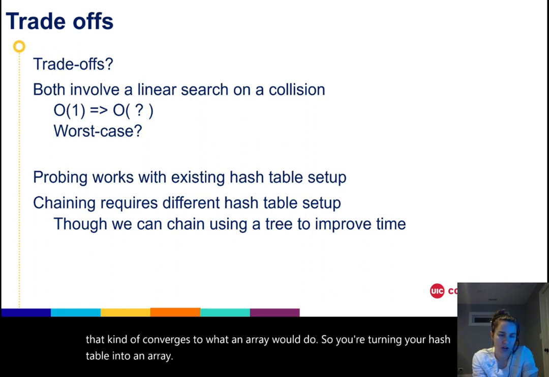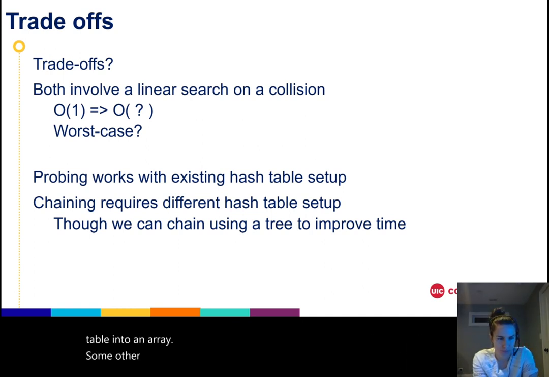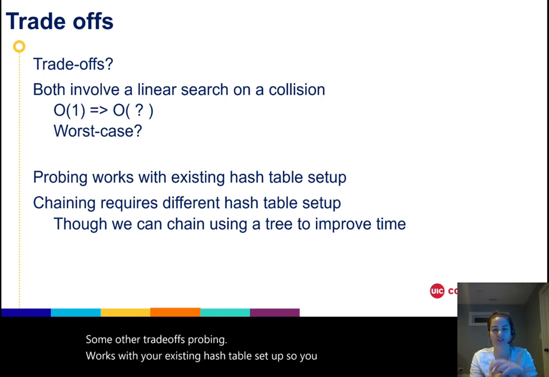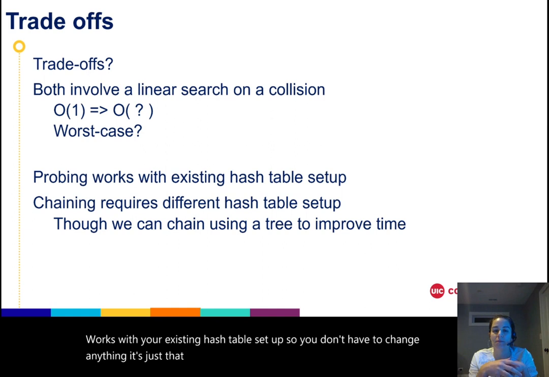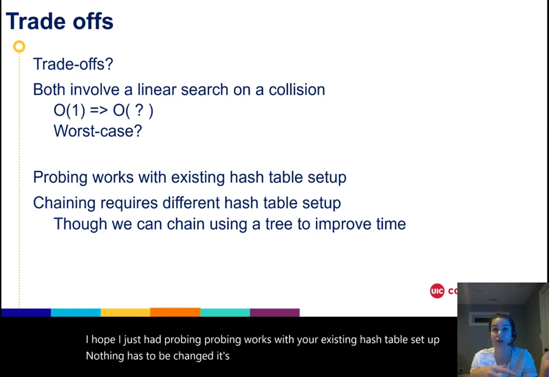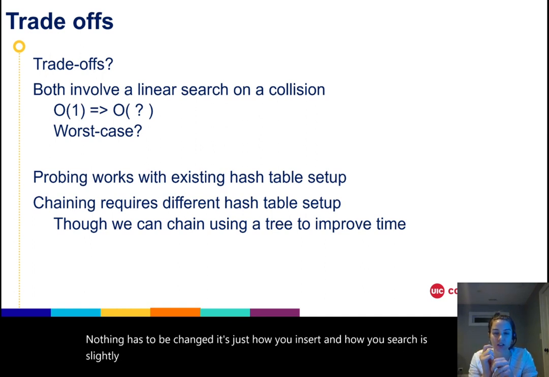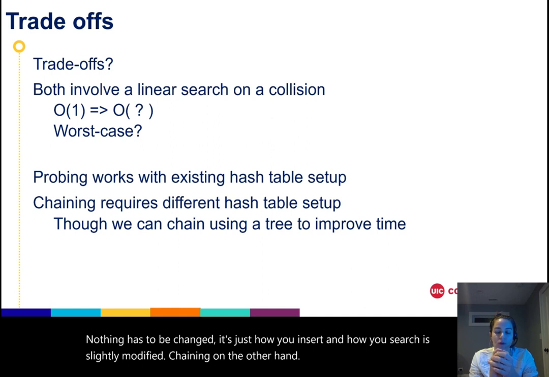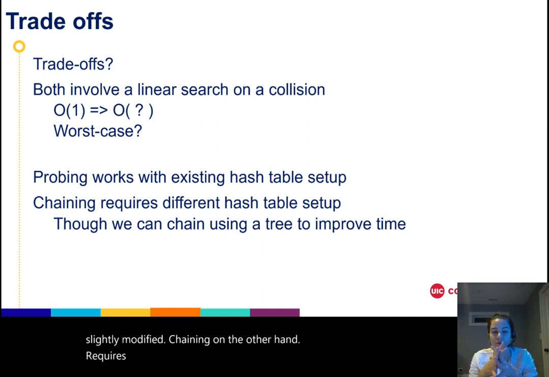Some other trade-offs: probing works with your existing hash table setup, so nothing has to be changed. It's just that array. It's just how you insert and how you search is slightly modified. Chaining, on the other hand, requires a different setup to your hash table.